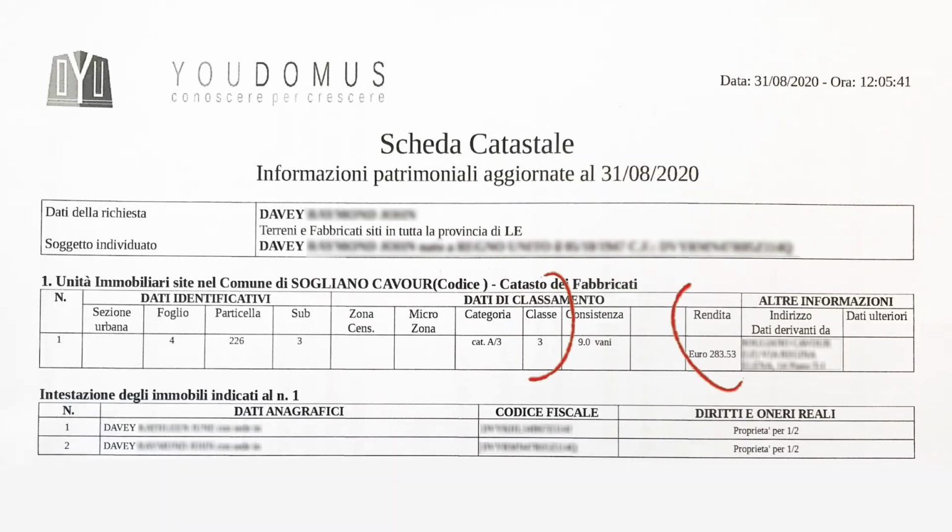So can you imagine the difference paying 9% on 157,000 against 9% on 35,000? It's a huge difference. When you hear 9%, just remember it's not 9% of the selling price, but it's 9% of the cadastral value.